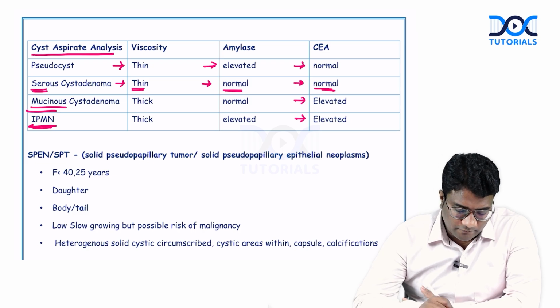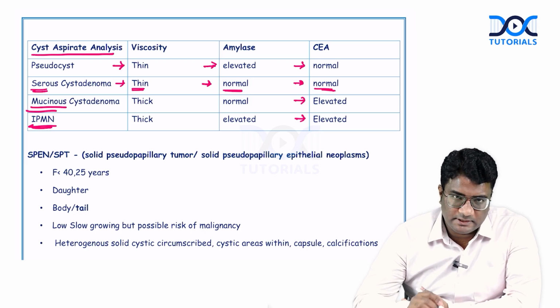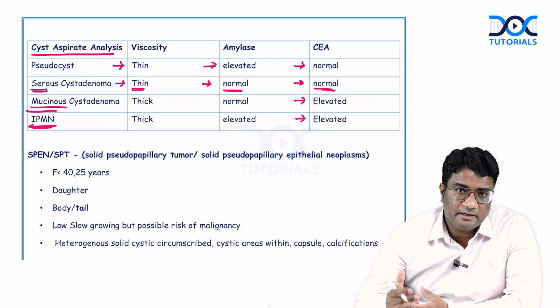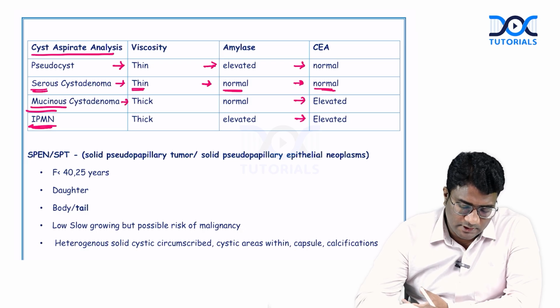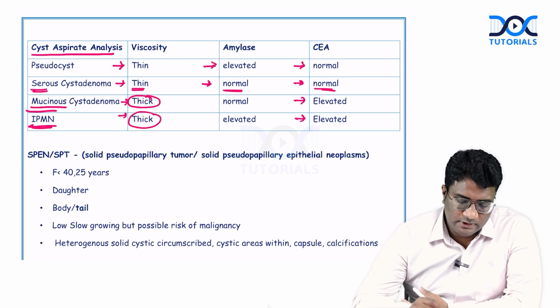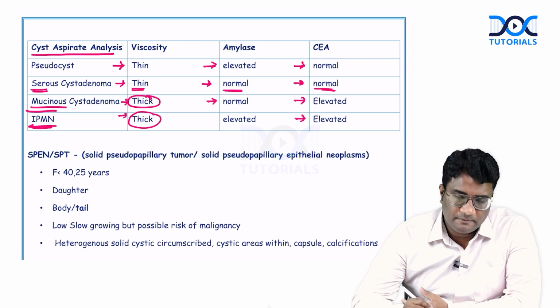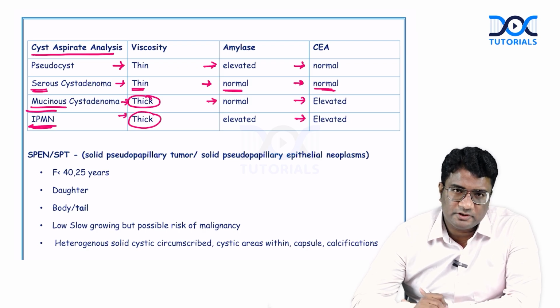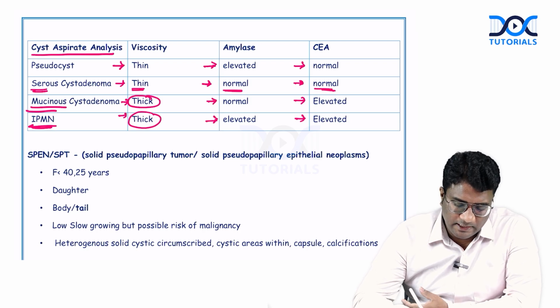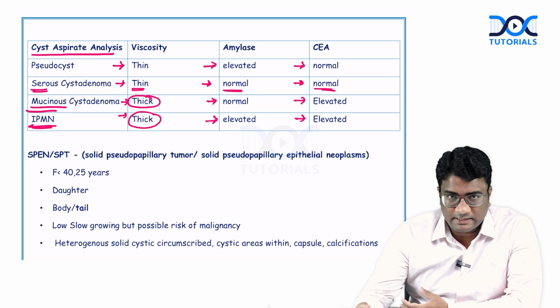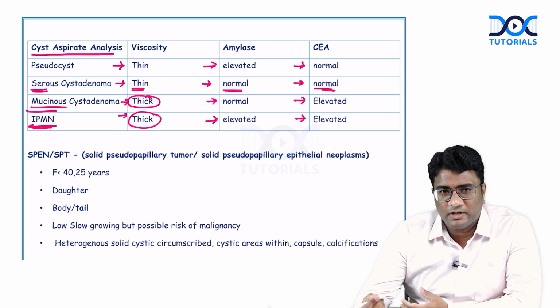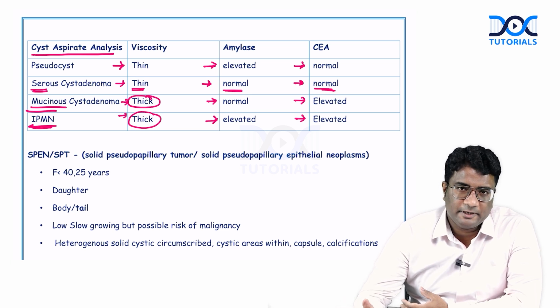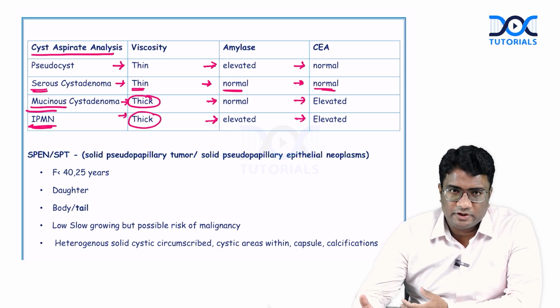Both of them are mucinous type, mucinous cystadenoma and intraductal papillary mucinous neoplasm, so they are mucin producing areas, so viscosity will be thick. In mucinous cystadenoma, the amylase levels are normal. But in intraductal papillary mucinous neoplasm, the amylase levels will be elevated. They are connected with the duct, right? They are connected with the pancreatic duct. So, the amylase levels will be elevated within IPMN. So, that is how we can differentiate.